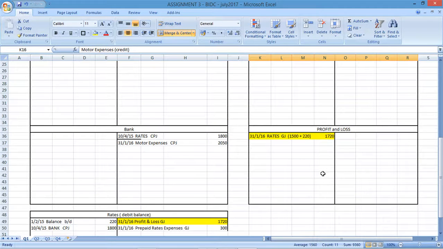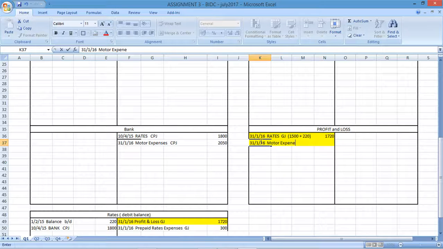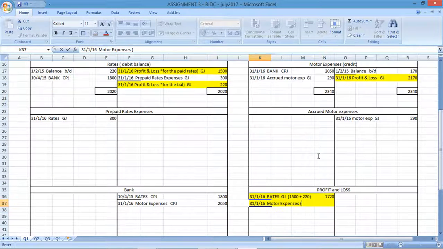If you're asked to draw profit and loss, which is here, then I'm going to show 31st of the 1st, 2016, motor expenses, brackets, what is the amount, or what was it? Oh, don't need to show any brackets, sorry. Well, I could if I wanted to show the split, but I'm not going to.